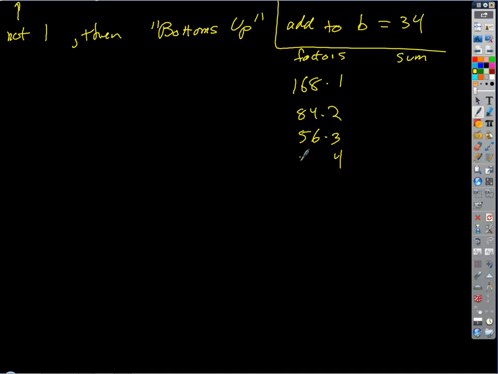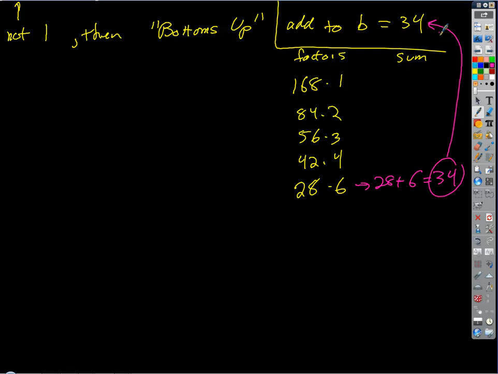So I get 42 times 4. It's getting closer. 5 doesn't go into 168. 6 goes in 28 times. That's it, isn't it? Because that sum is 34. So my magic numbers are 28 and 6.